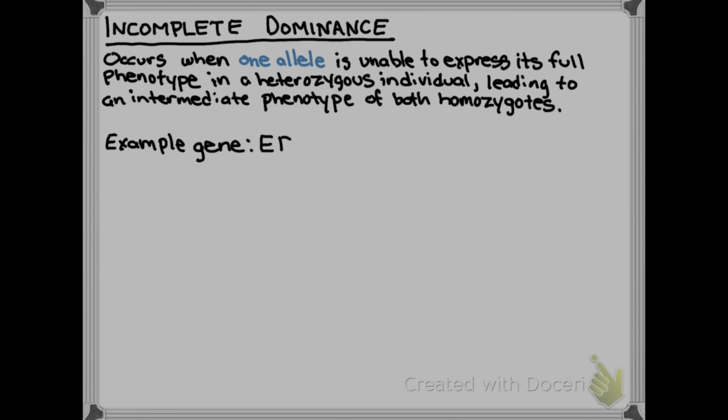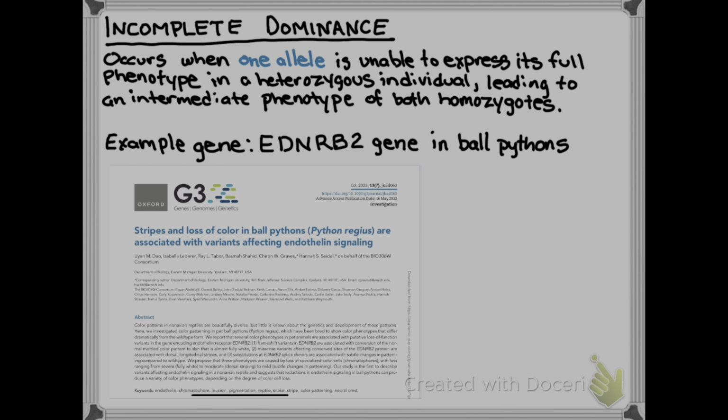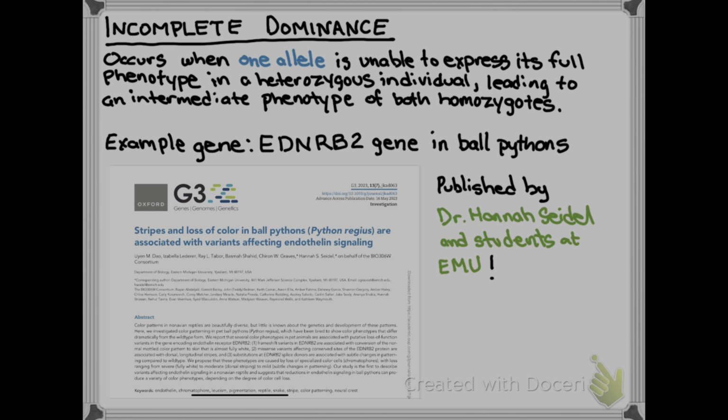And the example gene I want to use to explain incomplete dominance is the EDNRB2 gene in ball pythons. I've selected this example primarily because there was a paper published in 2023 by my colleague, Dr. Hannah Seidel, at Eastern Michigan, and her students at EMU.